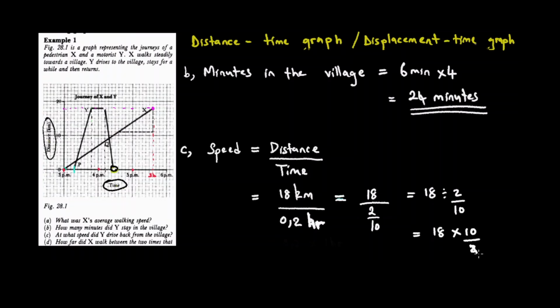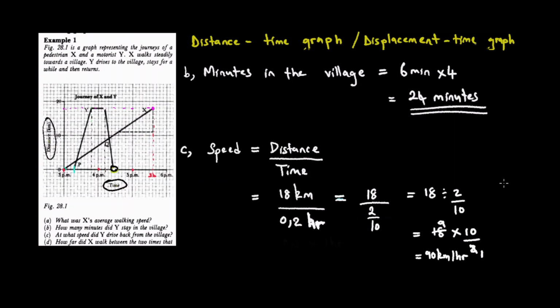So 2 into 2 is 1, and 1 into 18 is 9. Our answer is roughly going to be 90 kilometers per hour. So that is done.